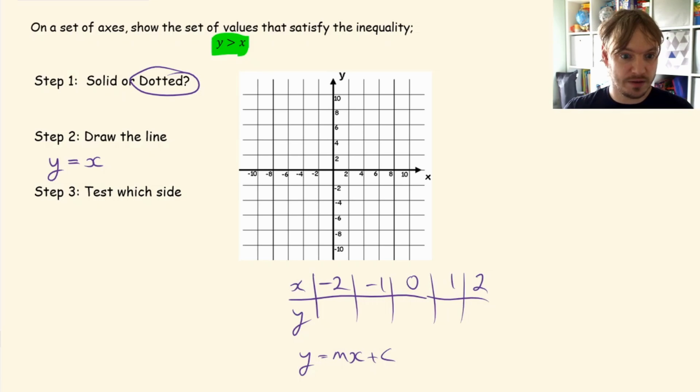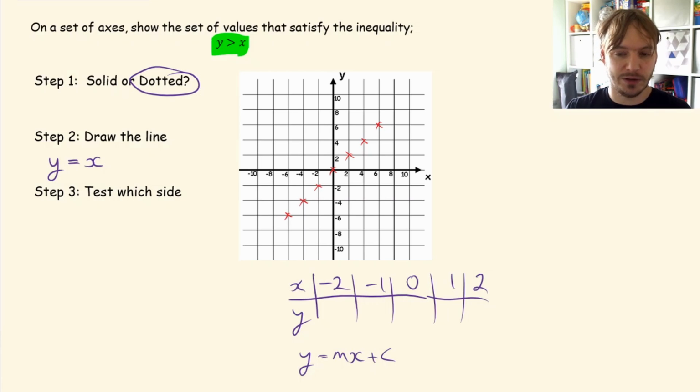Or you might just pause and think logically about it and find some places. So if y has to equal x, that means my coordinates need to be pairs of the same number, like 0, 0, or 2, 2, or 4, 4, or 6, 6, or -2, -2, and so on.